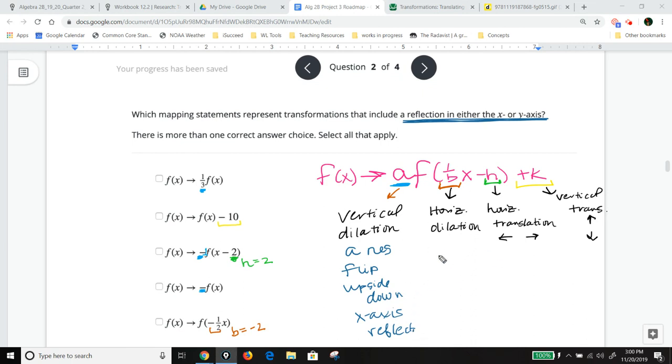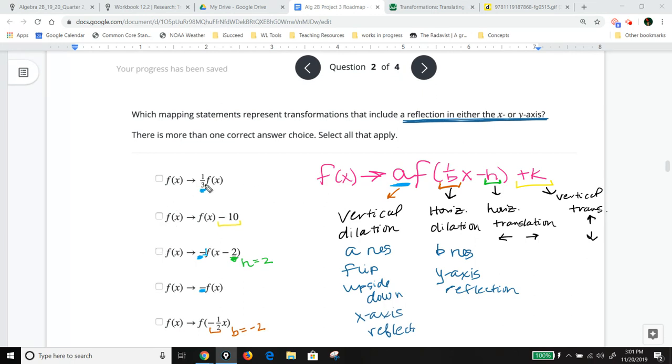Got to go upside down over the monkey bar. Horizontal dilation can also, if b is a negative, that's going to be a y-axis reflection. So all of that to say, we are looking for either the a to be a negative or a b to be a negative to find the final solutions here.